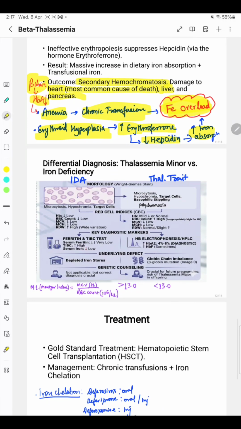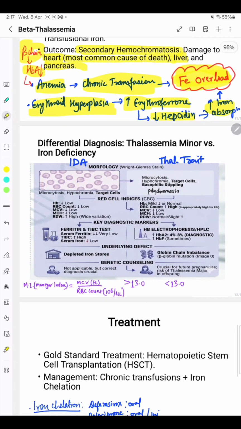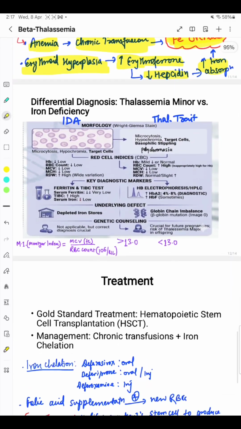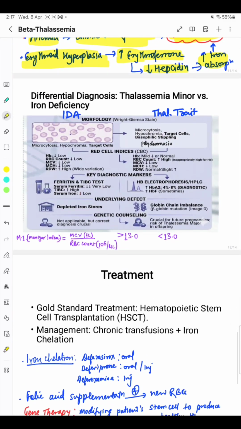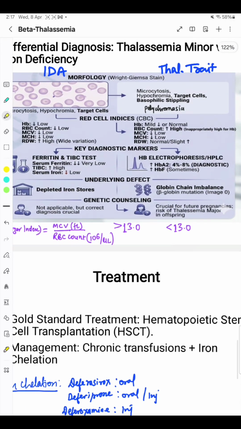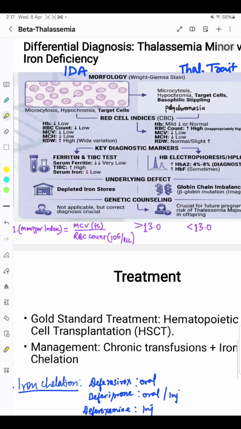Now we will see the difference between thalassemia minor, or thalassemia trait, and iron deficiency anemia. Thalassemia minor is also known as thalassemia trait. On morphology, both of them show microcytosis and hypochromia, and target cells can be seen in both conditions.